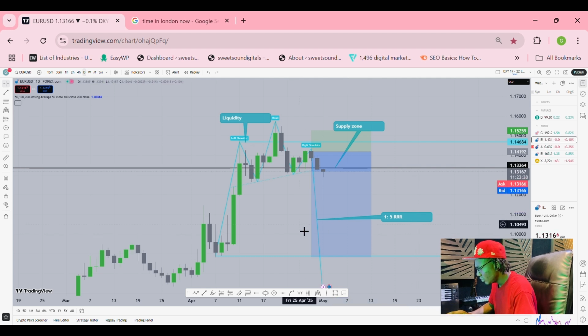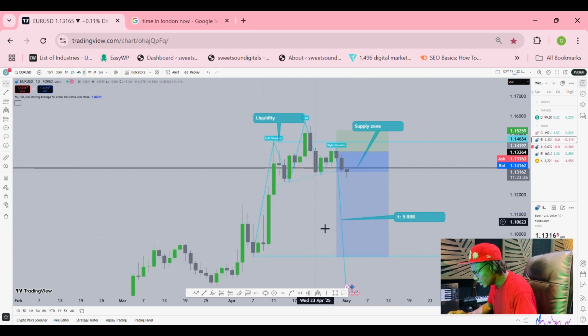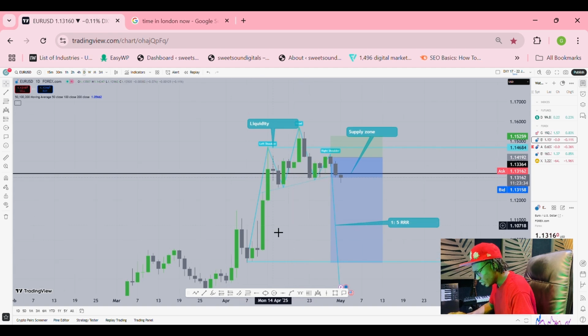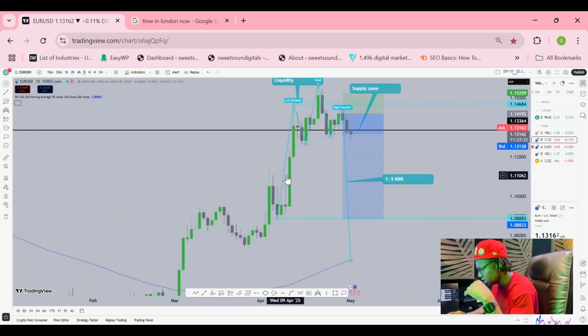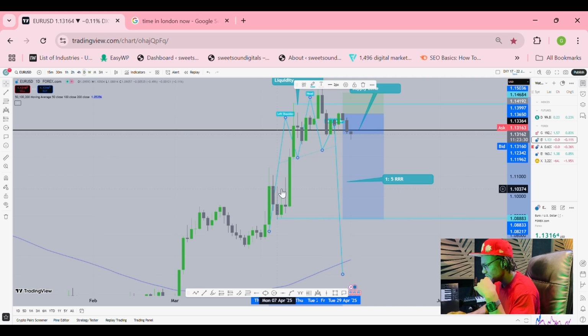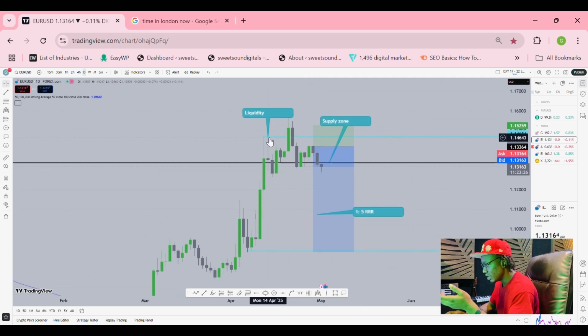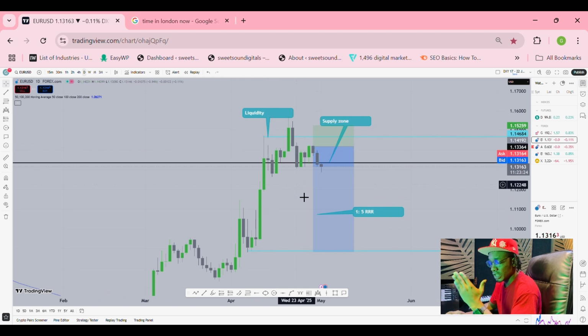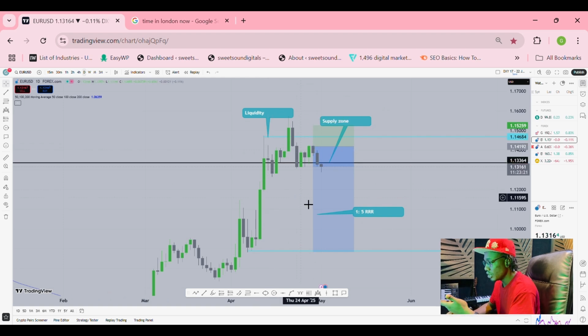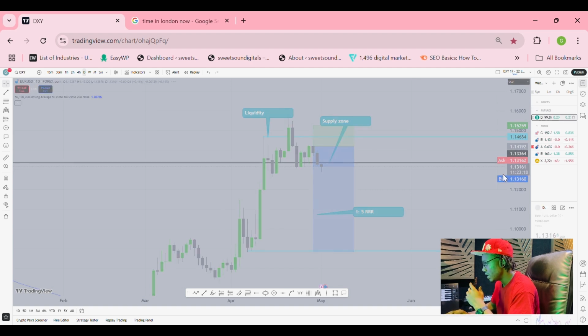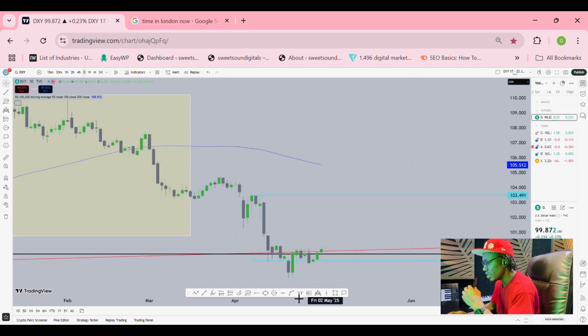So in case you are looking to take a trade on Euro USD with us, Euro USD has hit a major supply zone that's giving us a head and shoulder pattern, right? Liquidity has been swept on the upside. The sellers are taking over the market right now. In relation to this, the dollar is trying to have a correctional move.